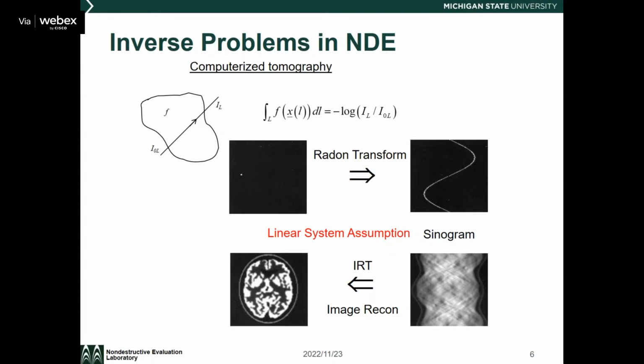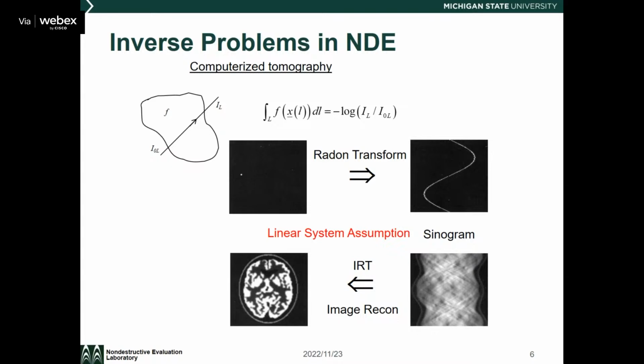Or the integration becomes negative natural log of output over input, right? And you can change this mathematically easily to make this into exponential decay, as I just said, right? Exponential e to the minus alpha L. Well, that alpha attenuation term is determined by the integration of this f over space.